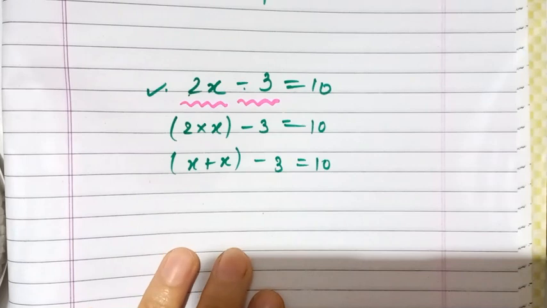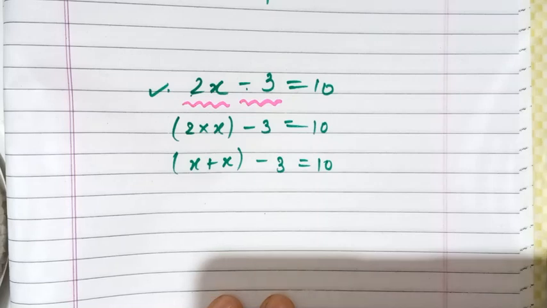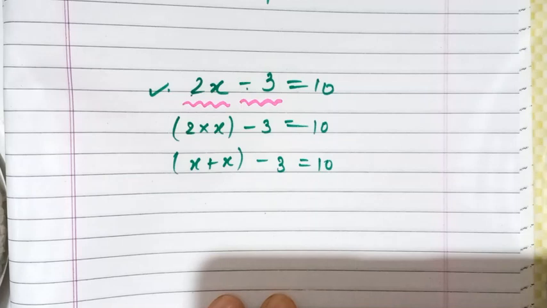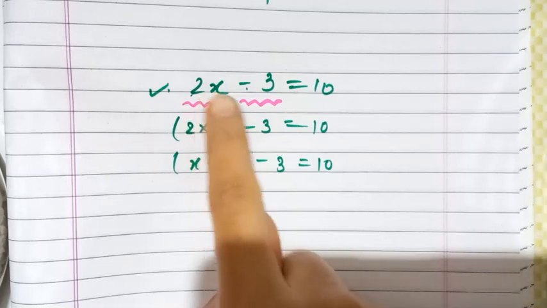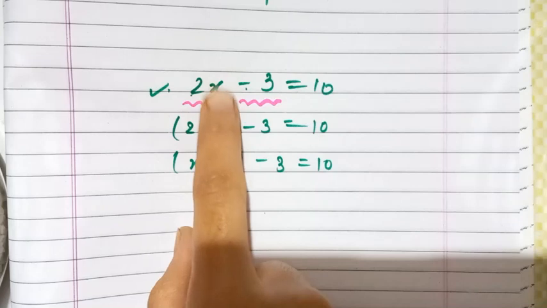Now let's see what a coefficient is and who has a coefficient. Variables have coefficients. A constant does not have a coefficient; variables have coefficients. Who is the variable here? The variable is x, so the coefficient of x is 2.